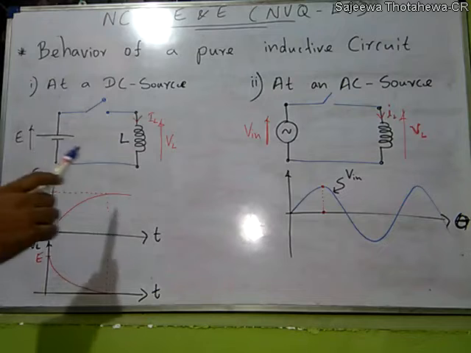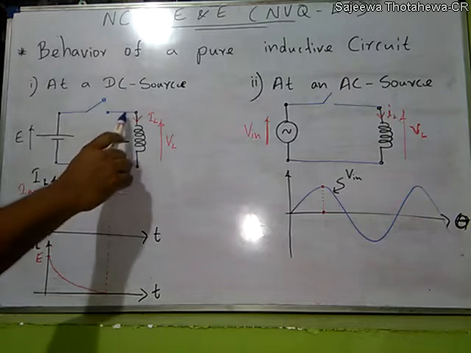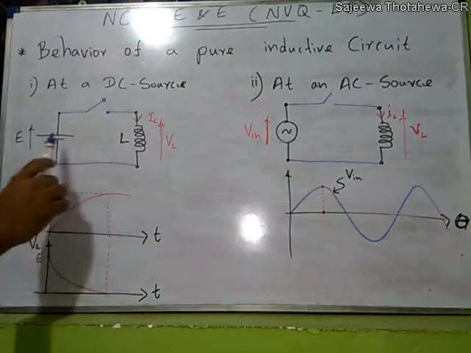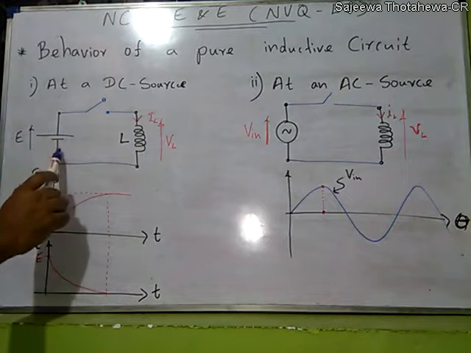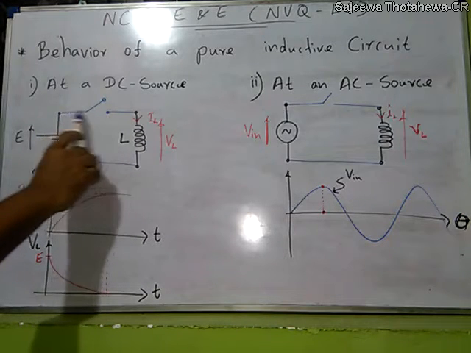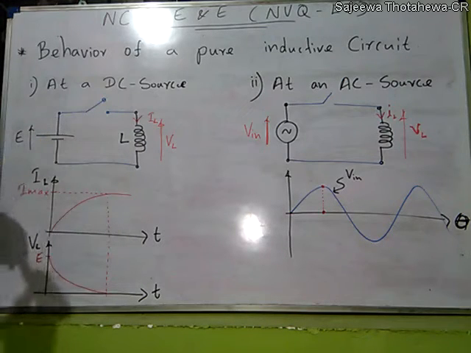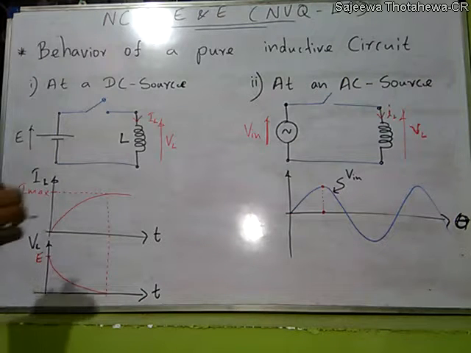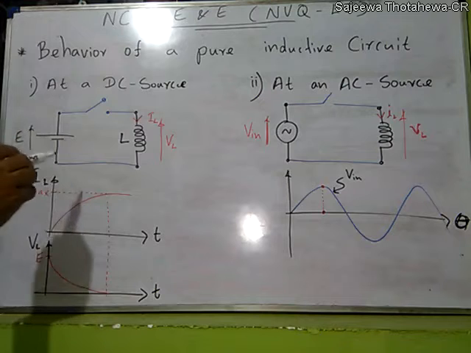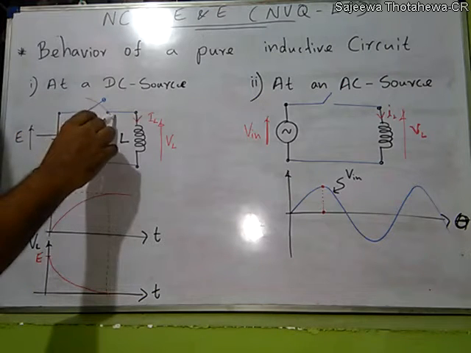Right? Here this inductor is connected with this DC power source through a simple switch. What I am going to do here is at t equals 0, that means at time equals 0, I close this switch.